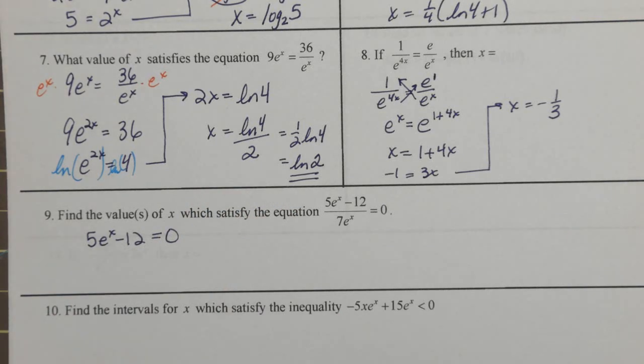They say, wait, what happened to the 7e to the x? And what I say to that is, if you have a fraction that's equal to 0, the numerator must be 0, period. It doesn't matter what the denominator is, unless my answer makes the denominator 0 as well. So I will check that after I'm done.